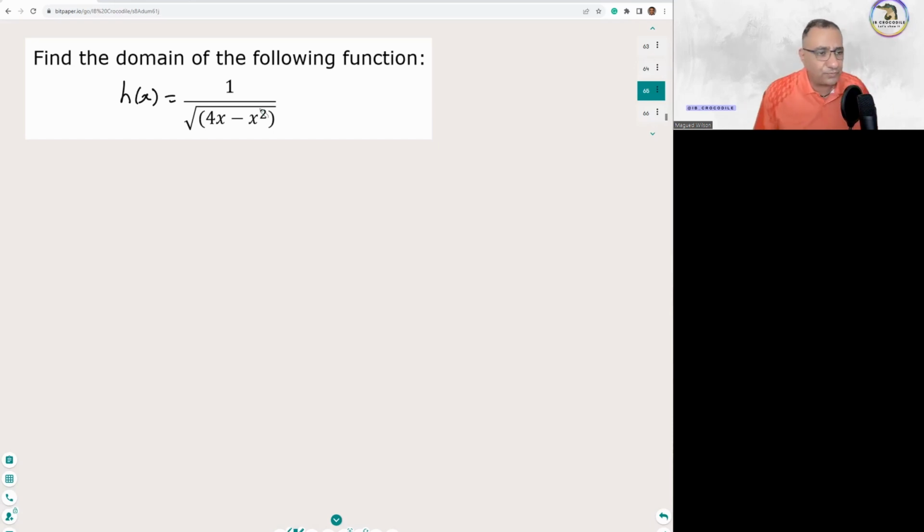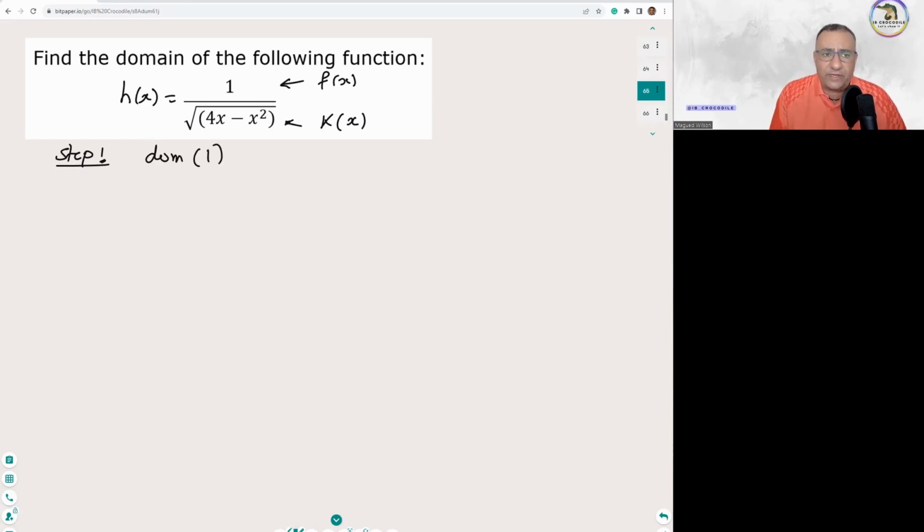I will show you. Step one, finding the domain of the numerator. Let me call the numerator f of x, and let me call the denominator k of x, another function. So we need to find the domain of 1, or f of x.